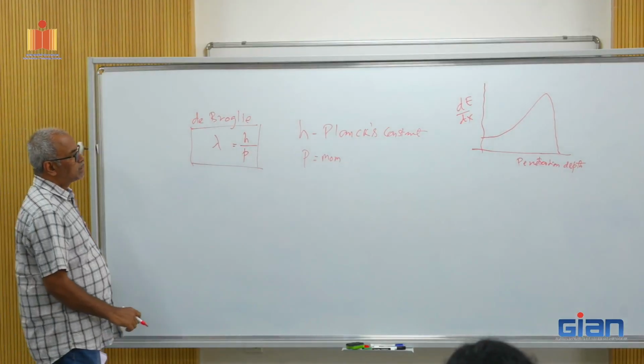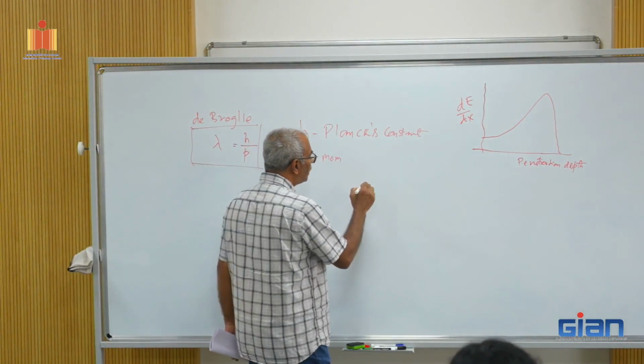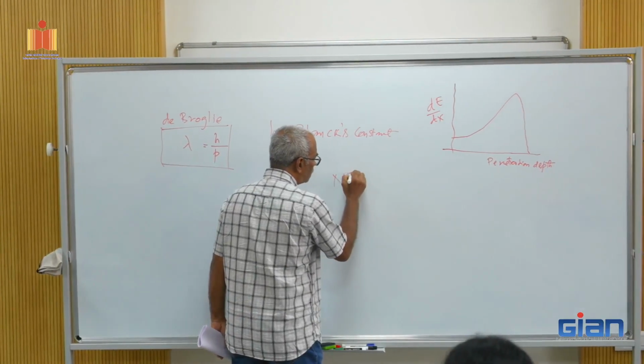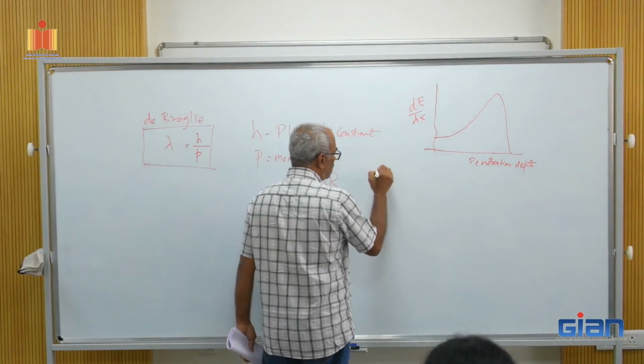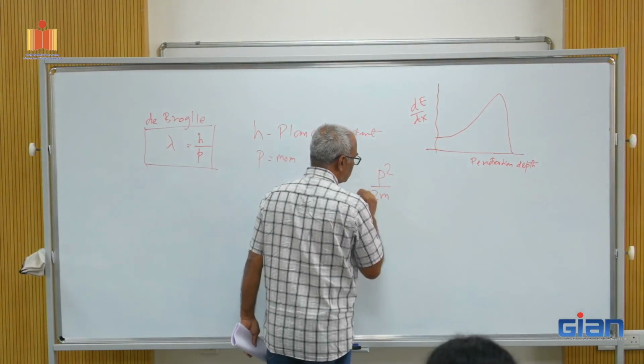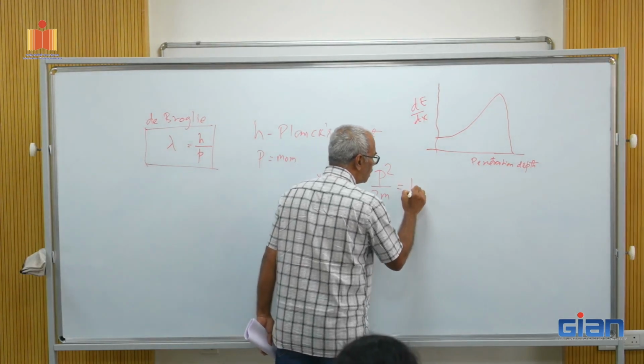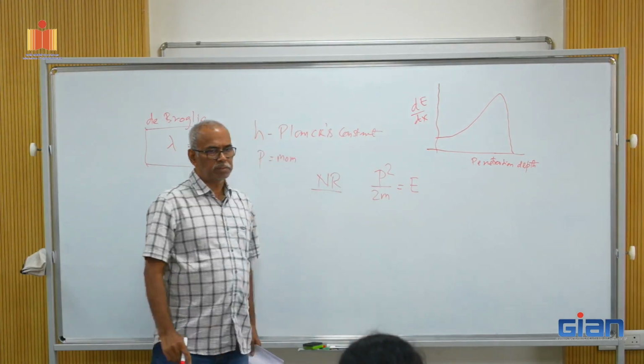Now let me consider a non-relativistic system. For a non-relativistic system, p square by twice m, where p is the momentum and m is the mass of the particle, is simply the energy of the system.